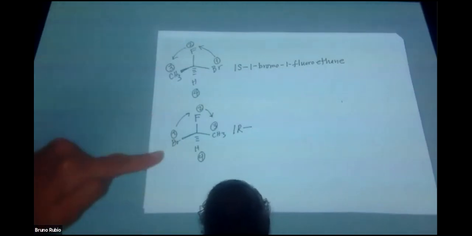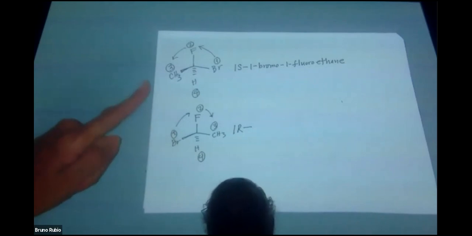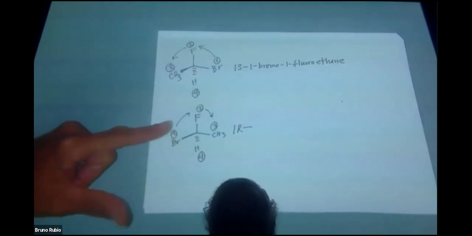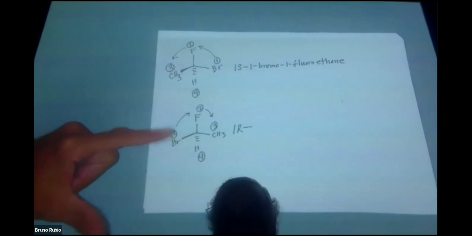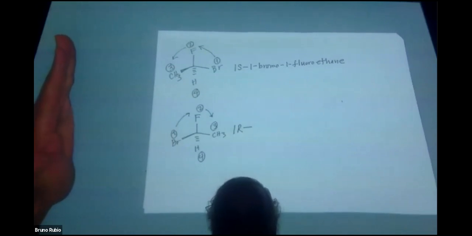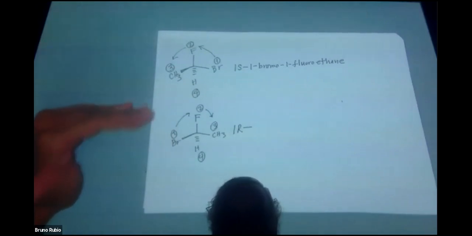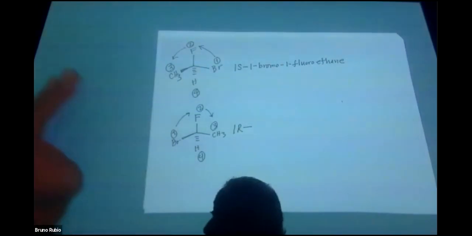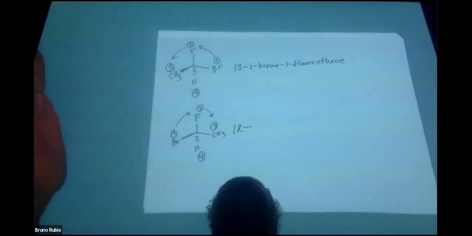These aren't constitutional isomers. They're constitutionally identical, but they are not identical molecules because one of them has the R absolute configuration and the other one has the S absolute configuration. One of them, if you want to talk informally, is the right-handed molecule and the other one is the left-handed molecule.